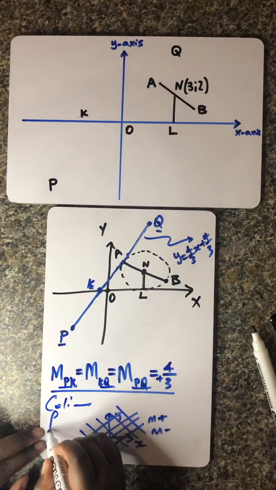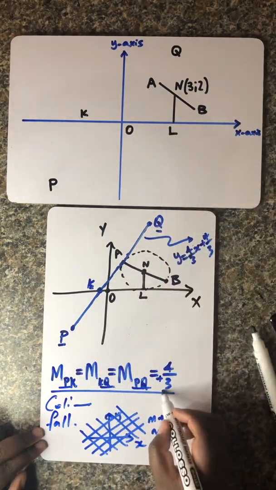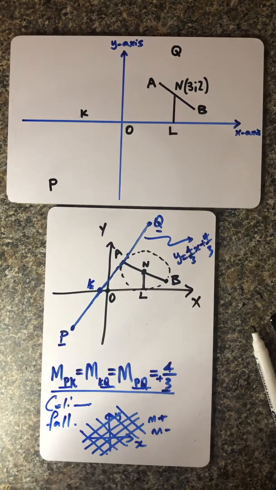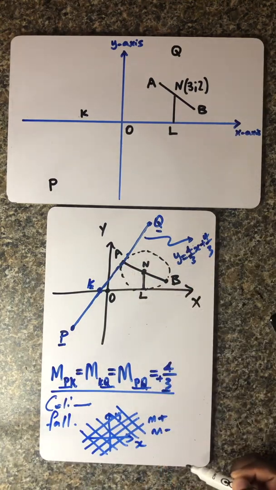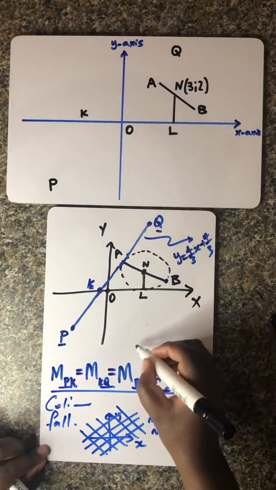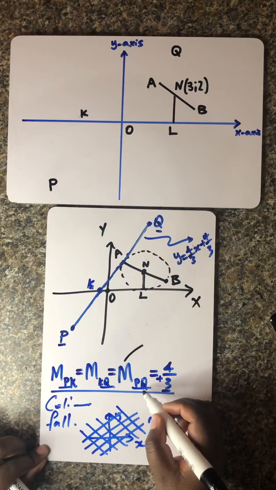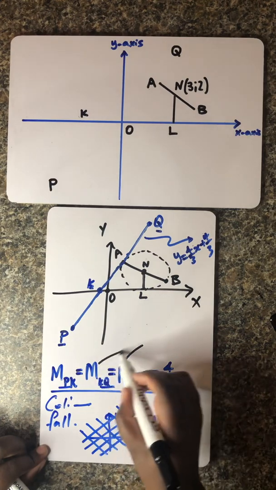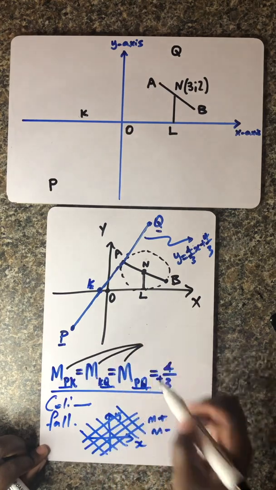Okay, they fall within the same line of that gradient. And most importantly, ladies and gentlemen, remember at that point over there. Okay, so that means let me just say the gradient of PQ or the gradient of KQ or the gradient of that.